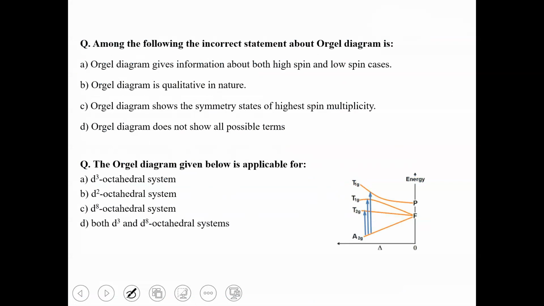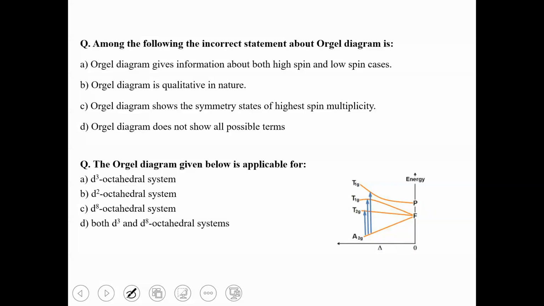I think you have studied the diagram in detail, so you can identify easily. But I'll explain also. The second one is, the Orgel diagram given below is applicable for. You have to just identify which electronic configuration this diagram corresponds to, right?